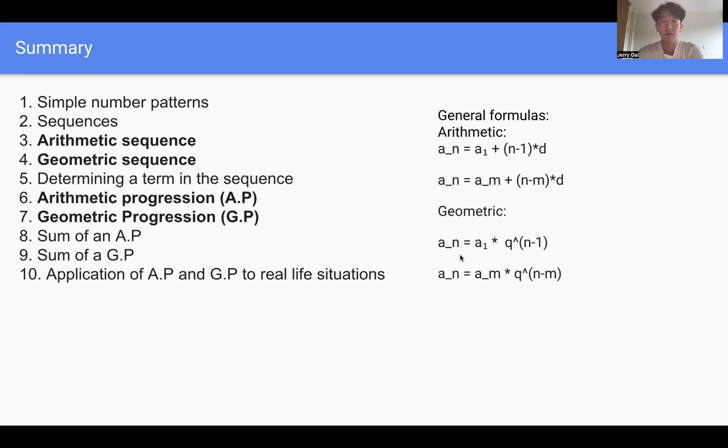Then we learned two of the most important concepts in this course. I think they are arithmetic sequence and geometric sequence. Arithmetic sequence is also arithmetic progression, and geometric sequence is also geometric progression. They are equivalent. And you need to memorize the general formulas for arithmetic and geometric on the right.